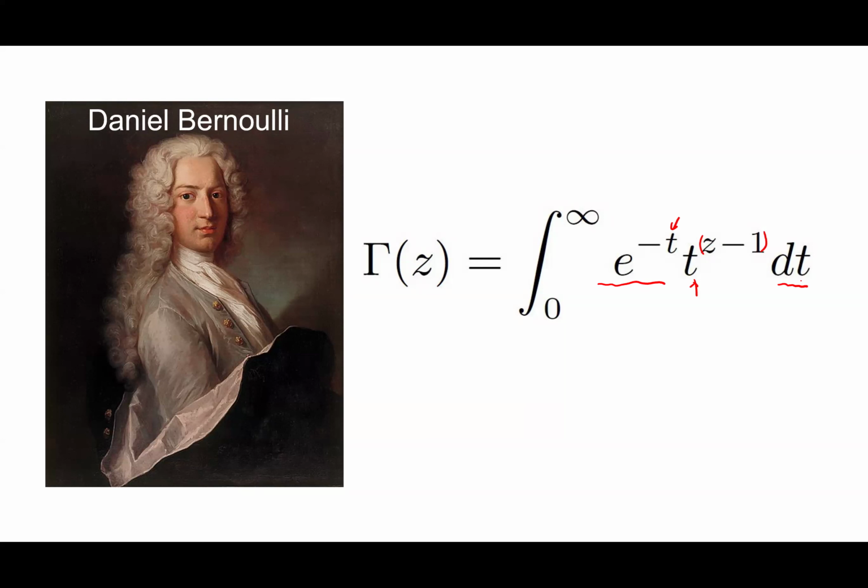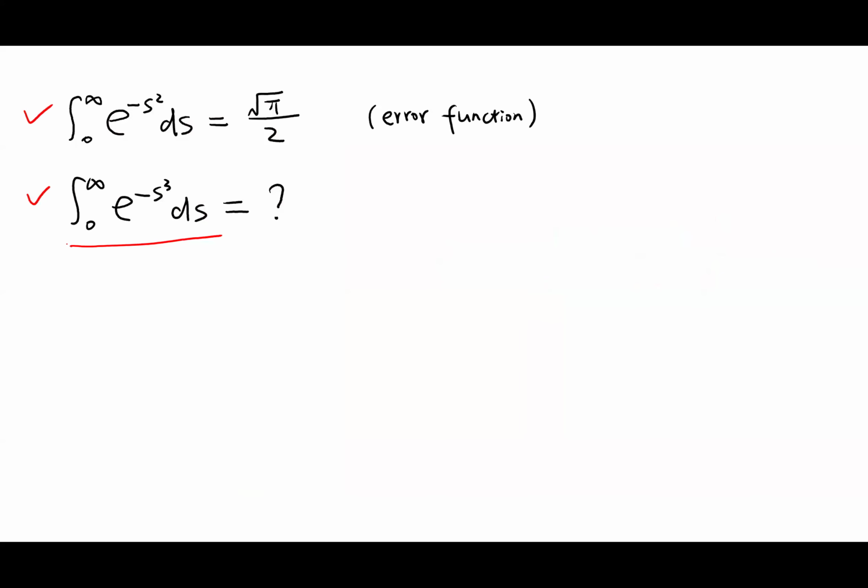So the integration is with respect to t. Clearly, when you are given a z, you can put the z here and then do the integration, right? So how does this have anything to do with this? Seems like they look very different, right?